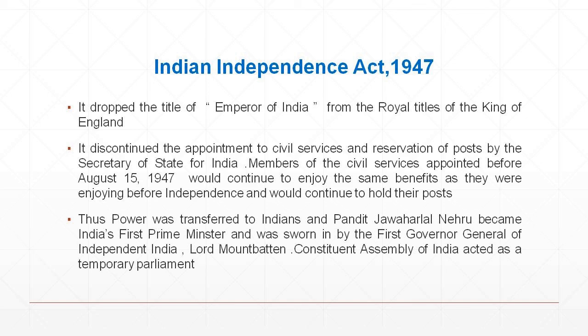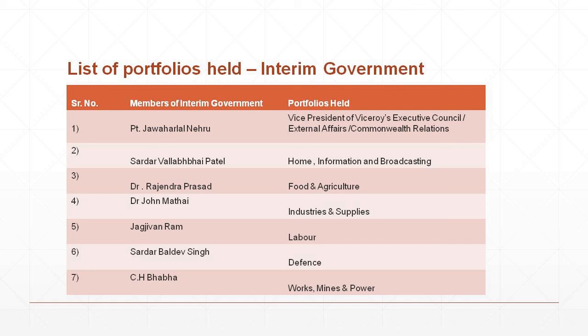The Constituent Assembly of India, formed in 1946, became the Parliament of the Indian Dominion and continued to be so till 26 January 1950. And further on, because the Indian elections were not held right on 26 January 1950, it did take some time. So we have a list of the members and what portfolios they held.